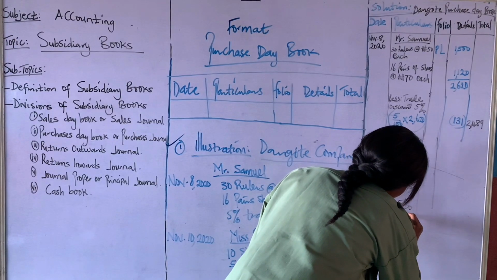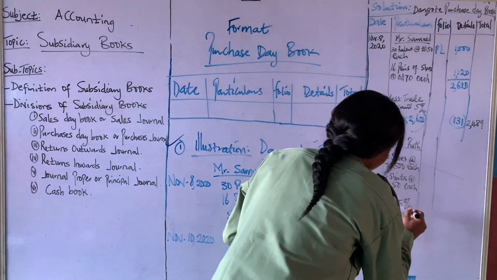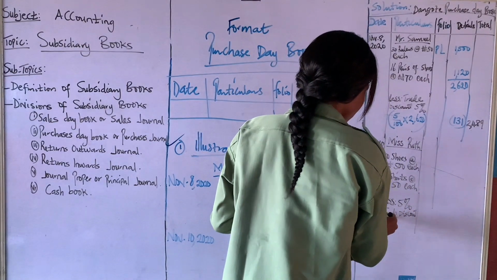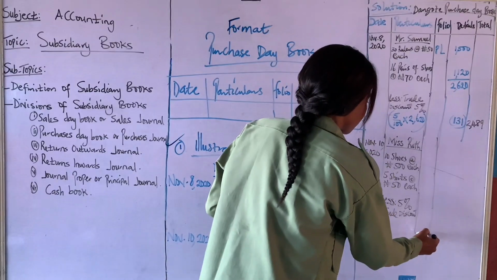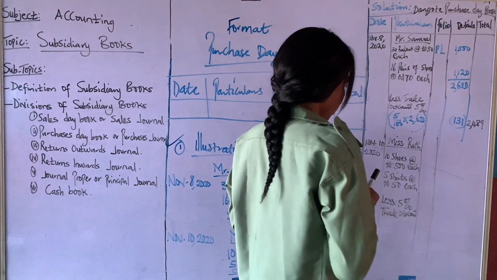So include it here. 5% trade discount. Very, very important. Include the discount. We're going to less it. So let's do the calculation now.